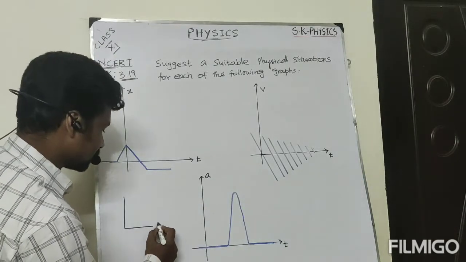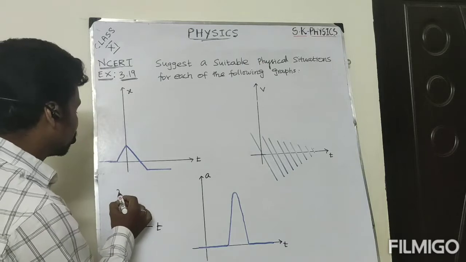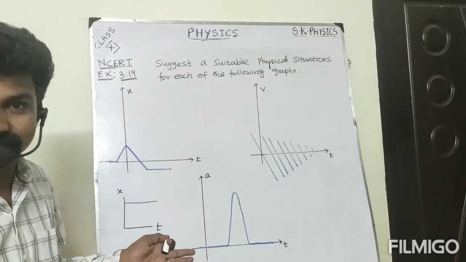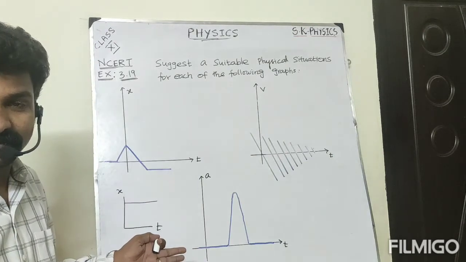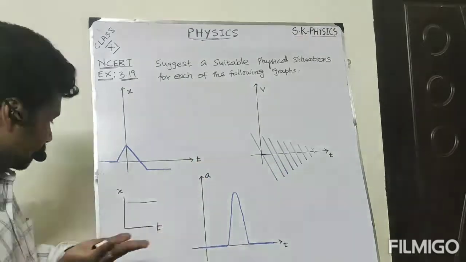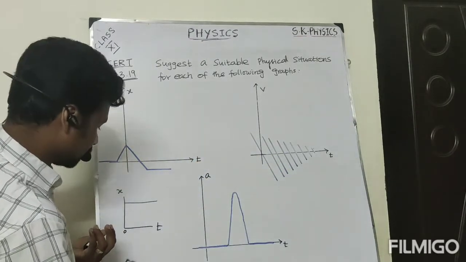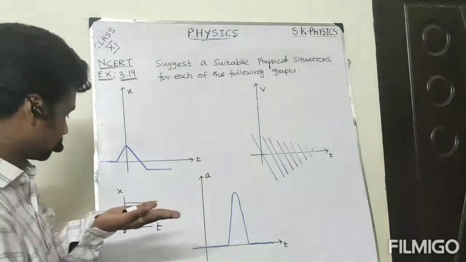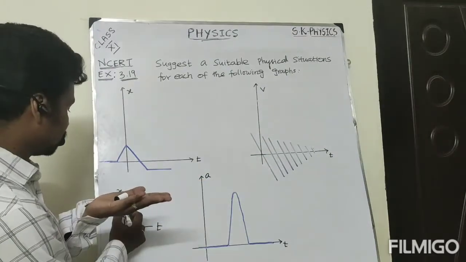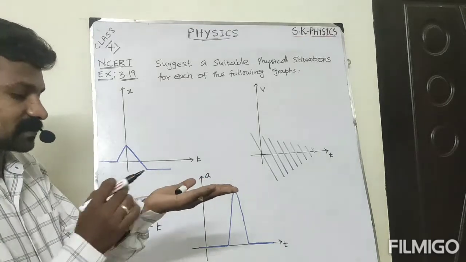For example, this is time, and this is position. Now, what is the meaning of this graph? The object is still at rest position. Now the time starts at 0, and for 5 minutes it is still at rest only. That means it is already some distance from the origin.